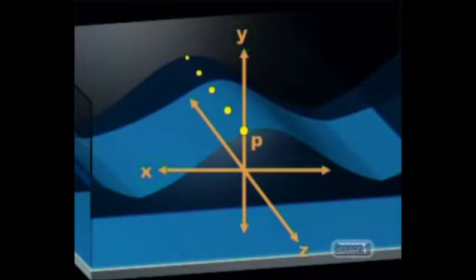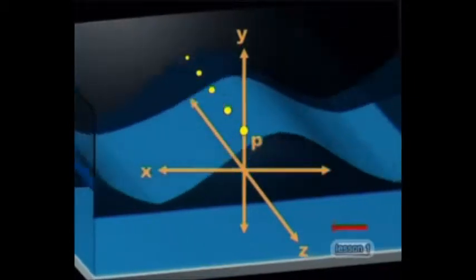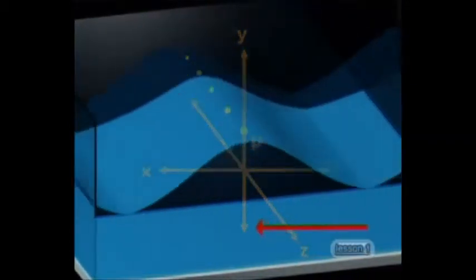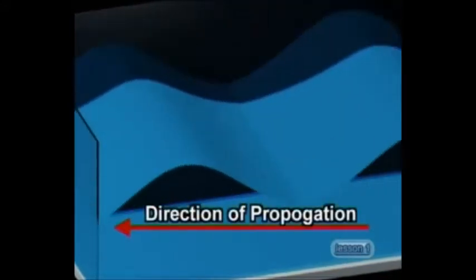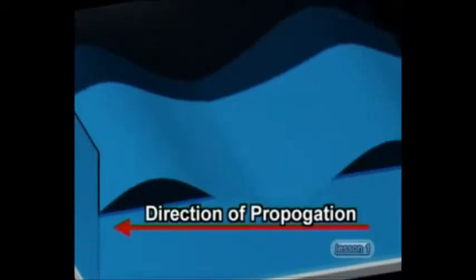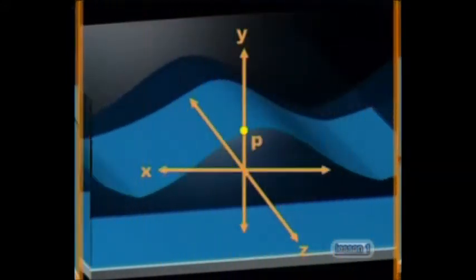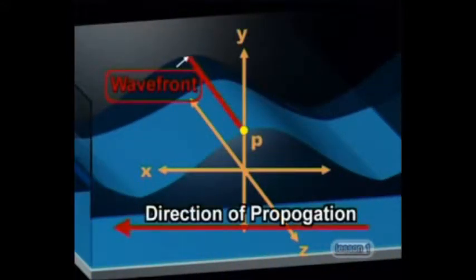We can use an arrow to show the direction of the movement of the energy that the wave is carrying. We call this the direction of propagation of the wave. All of the parts of the wave that are in phase with each other form a wave front, which is always at right angles to the direction of propagation of the wave.